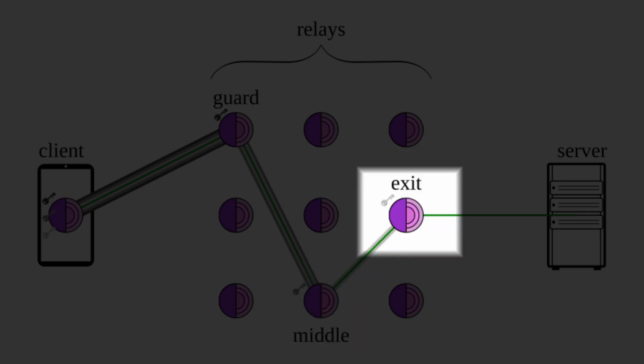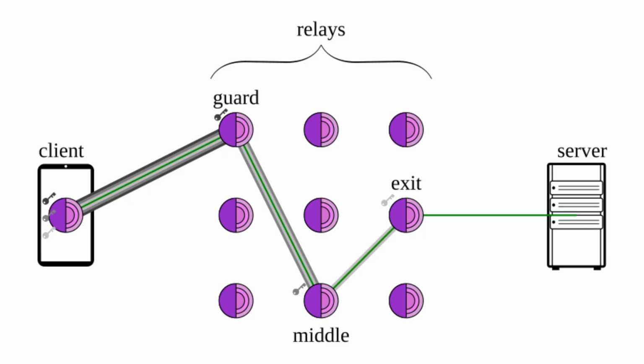Exit node. This is the last node in the Tor pathway before the data reaches its destination on the internet. The exit node decrypts the final layer of encryption and sends the data to its destination. It knows what is being sent, but does not know who the user is.